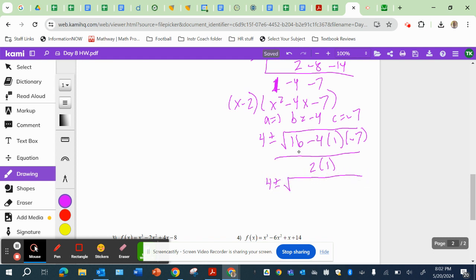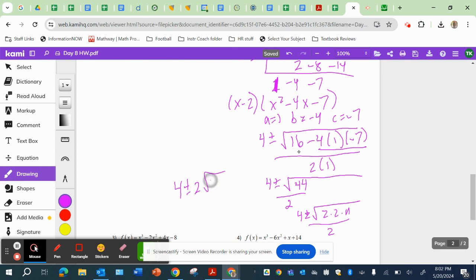So this is 16 plus 28, which is 44. And 44 can be written as 2 times 2 times 11. So that 2 can come out.